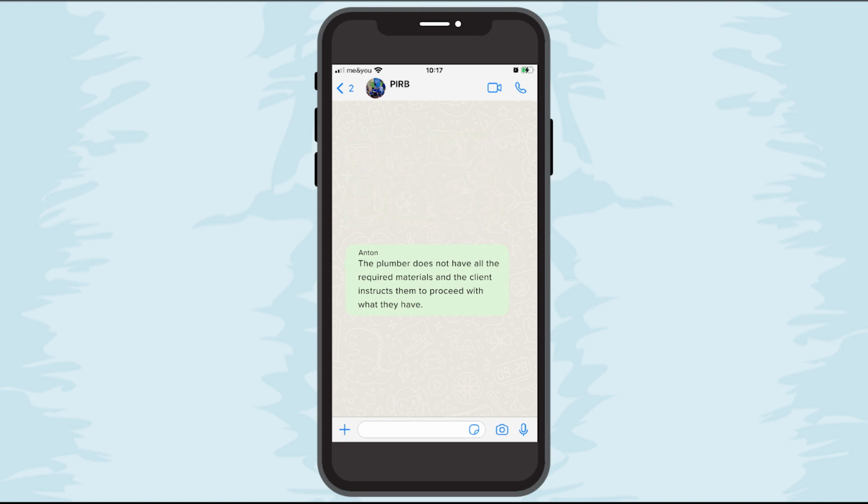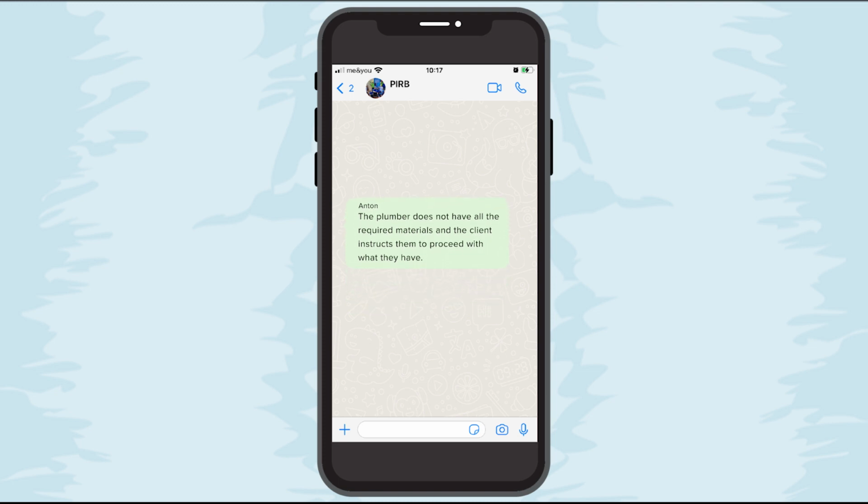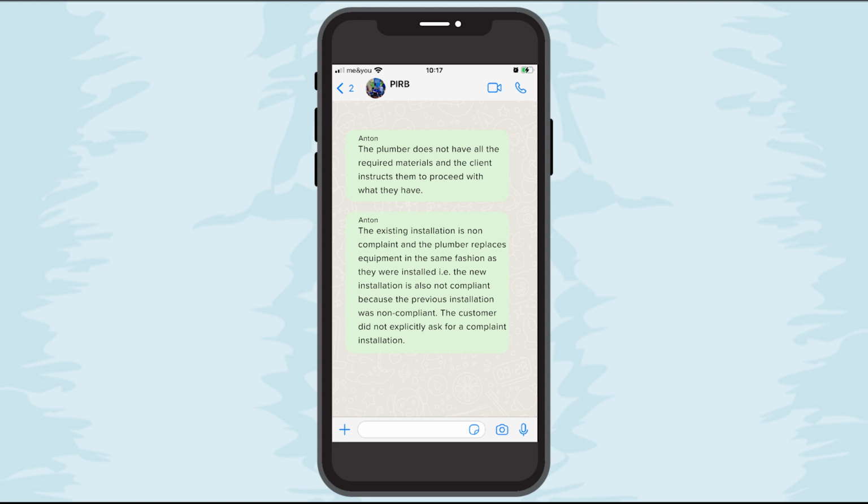The plumber does not have all the required materials and the client instructs them to proceed with what they have. The existing installation is non-compliant and the plumber replaces equipment in the same fashion as they were installed, i.e. the new installation is also not compliant because the previous installation was non-compliant. The customer did not explicitly ask for a compliant installation.